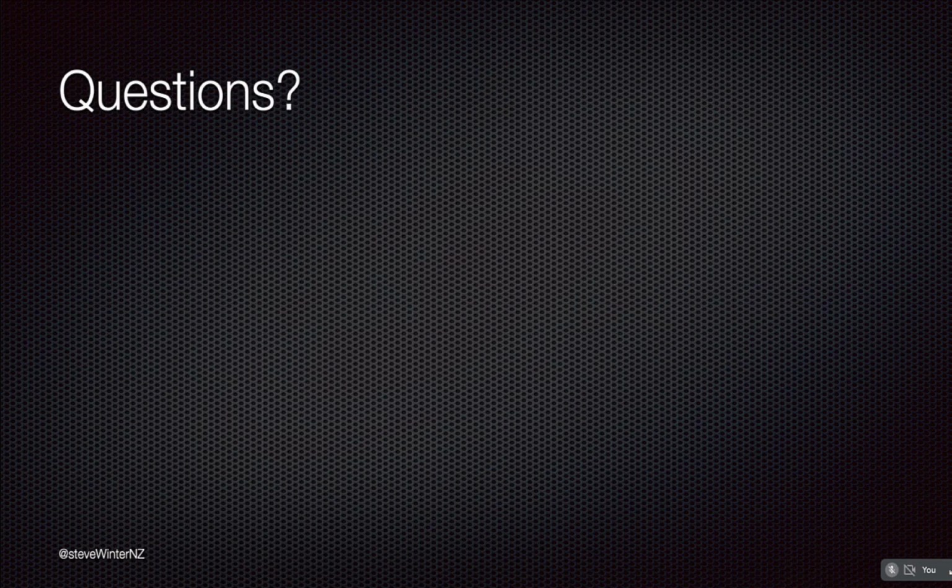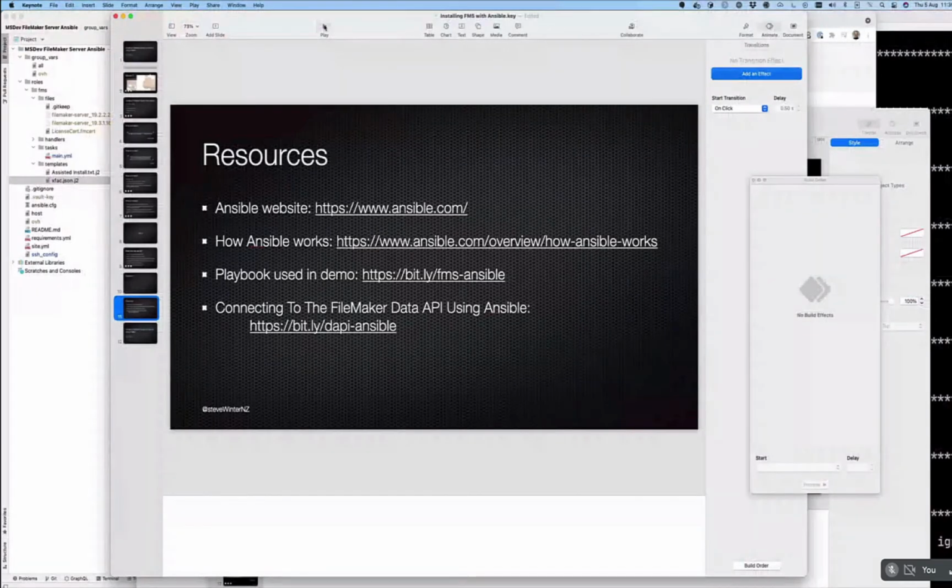I'm just going to skip forward to the next slide. These are some resources that might be useful. The Ansible website, first of all, has a description of how Ansible works, which goes into a lot more detail than I've done here. The playbook that I've used in the demo is available in GitHub.